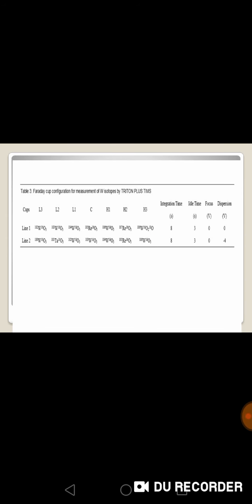And here is the overview of table 3, in which the Faraday cup configuration for the measurement of tungsten isotopes by the Triton Plus is shown.